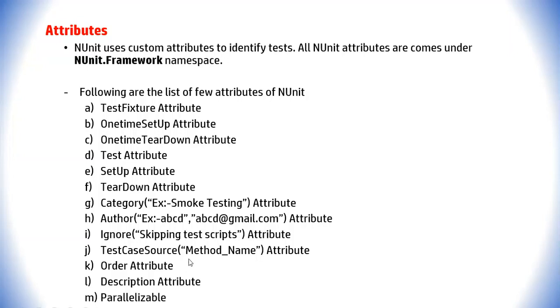And we have the TestCase attribute for passing test data, you can set the priority for the test scripts, you can enter a description for any of the test cases, and you can parameterize automation scripts. So let us discuss the other attributes in the next tutorial.